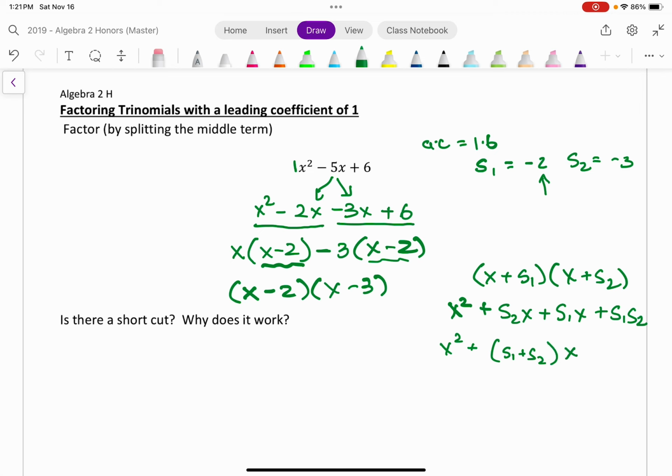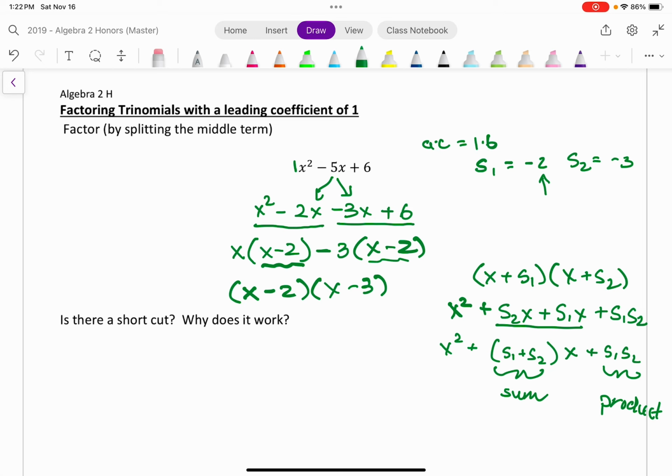Addition is commutative. I'm factoring out the x out of these two because those are like terms, plus s1 s2. This is a product on the end, and this right here is the sum. And it's a sum of the split I would split the middle term into if I ended up doing it the traditional way, right?